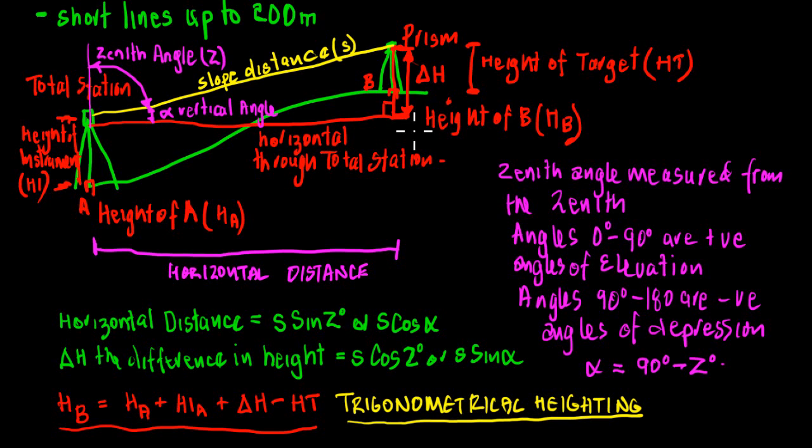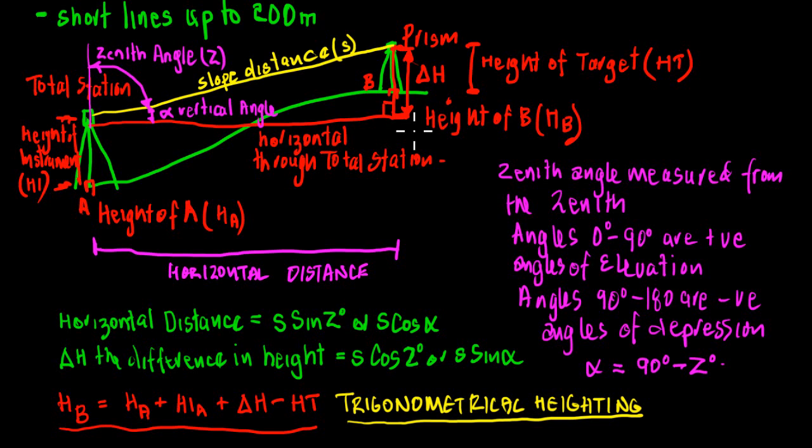Now the horizontal distance can be found by multiplying S, the slope distance, times the sine of the zenith angle, or S times the cos of the vertical angle with the correct sign.